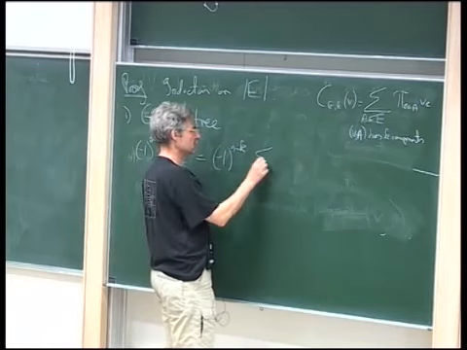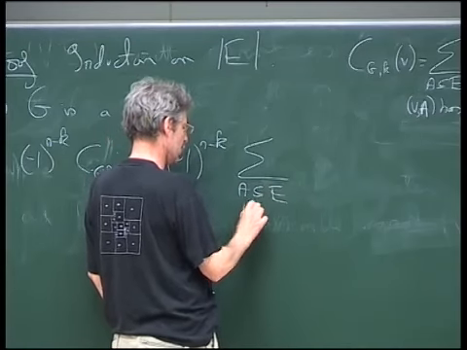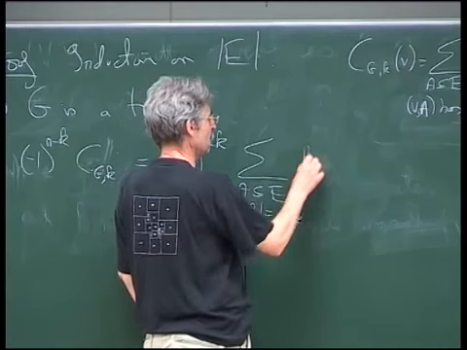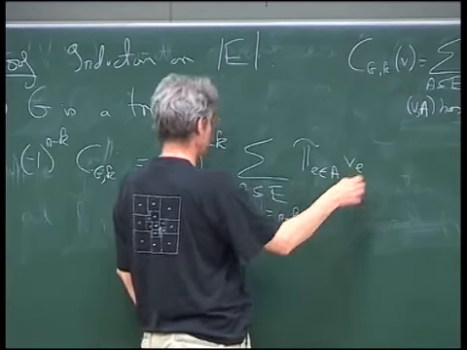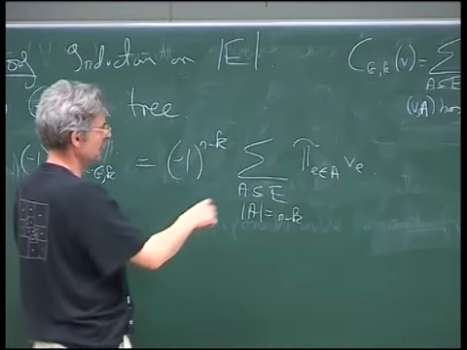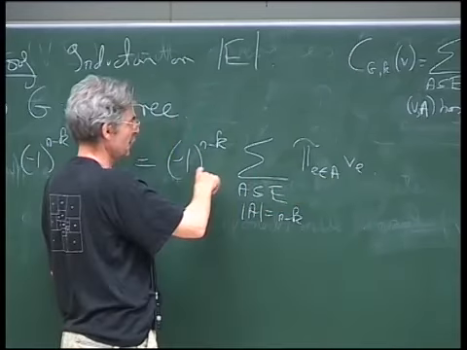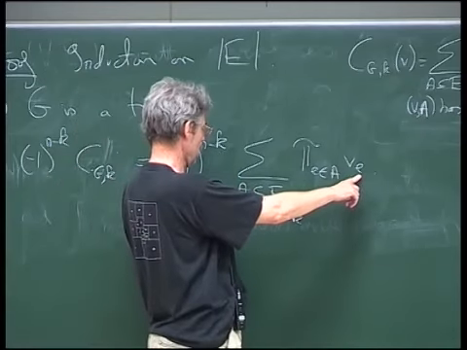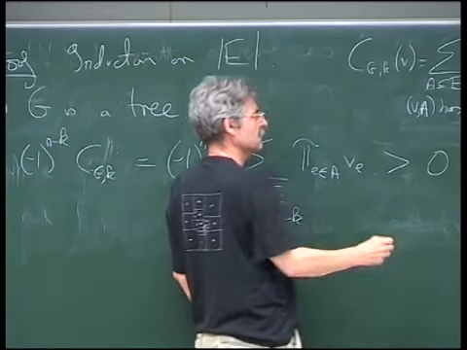So this is just the sum over A contained in E, the size of A is n minus k, of the product over e in A of v_e. And now these are all negative, and so we have a (-1)^(n-k) and a product of n minus k negative things. So this is greater than 0.